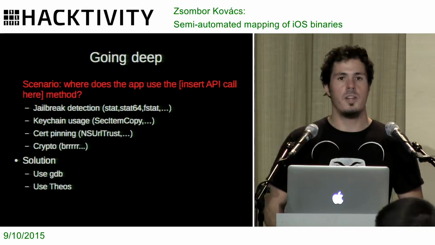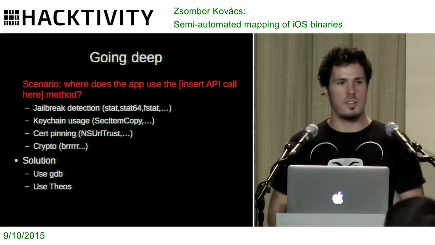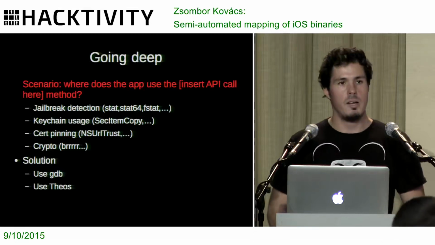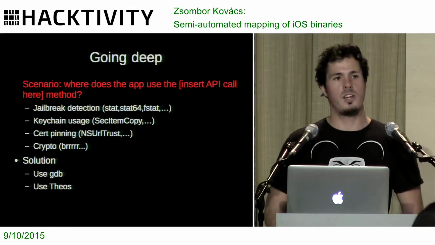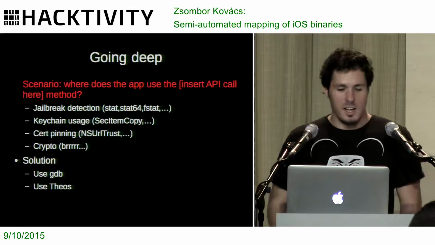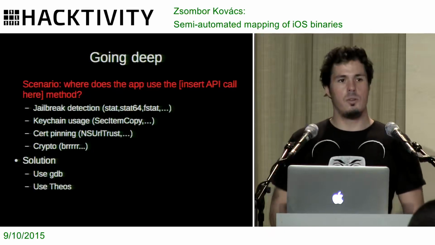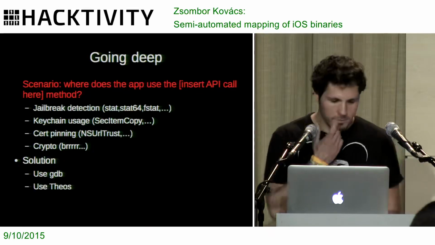That means that if we deal with an MDM product or something that checks its own integrity, we don't have to patch the integrity checking modules, and we don't have to patch the modules that check the integrity of the integrity checking modules, and so on and so on. Instead, we'd love to do this without ever touching the binary.